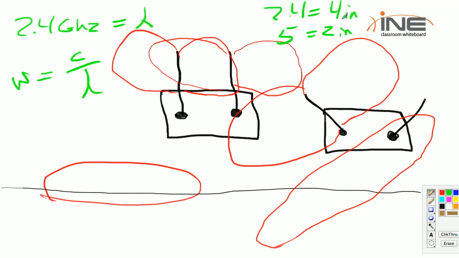So 4 inches apart from one another, and I'm talking about antenna apart from another, is really 2 wavelengths for the 5 gigahertz. So there's another reason that these antennas should be upright, not only their E-plane orientation of radiation, but also the wavelength for the given 2.4 gigahertz frequency. That frequency is directly 1 wavelength apart for the 2.4 gigahertz, and it's 2 wavelengths apart for the 5 gigahertz.